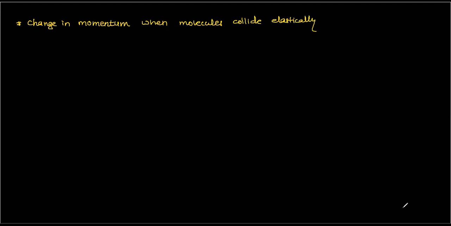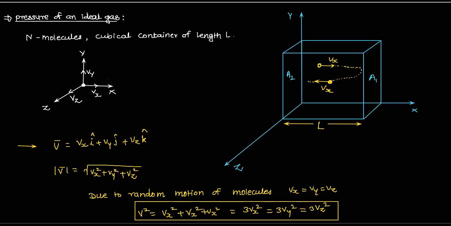You can see in the diagram, this has mass m. It is going and coming back.